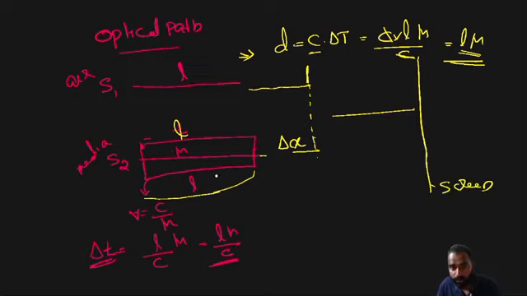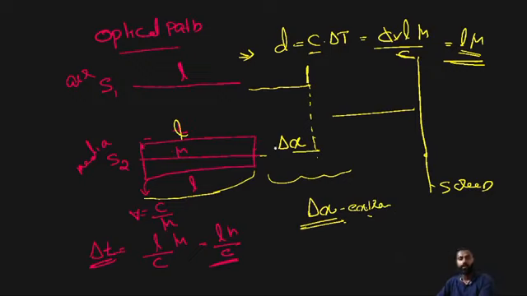If the light ray wants to coincide at a point here on the screen, it has to travel an extra delta x. It will travel here, but if you want to cover the screen, it has to travel an amount of delta x. Okay, that is the case.